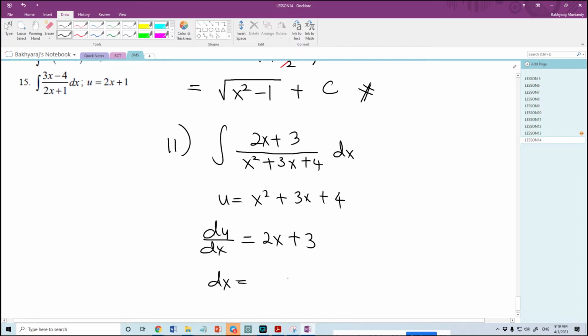Correct. dx equals 1 over 2x plus 3 du. Also another simple problem, because you can straight away substitute this problem.